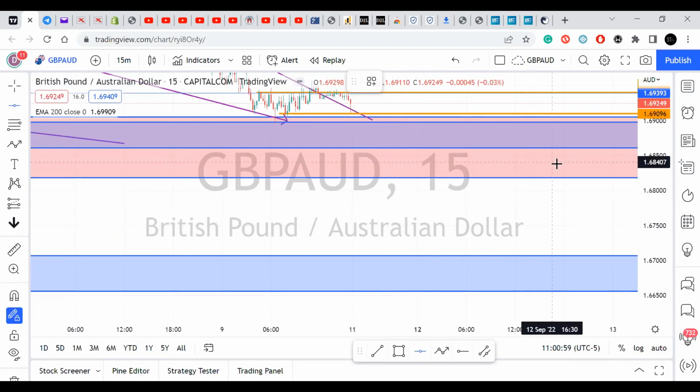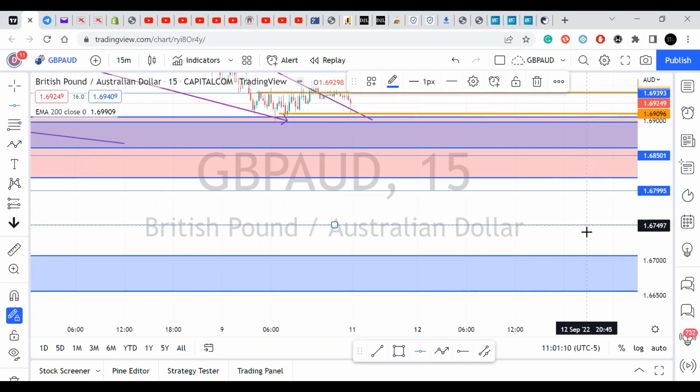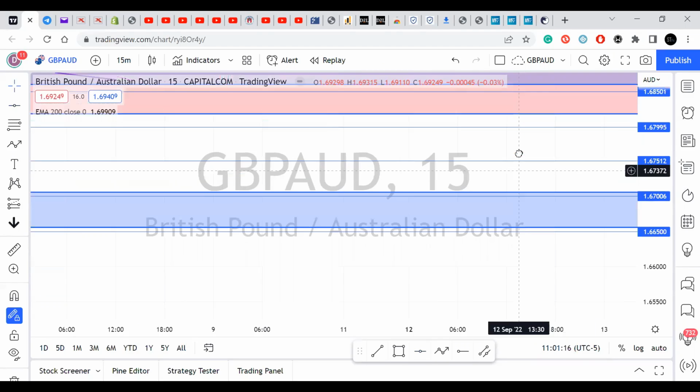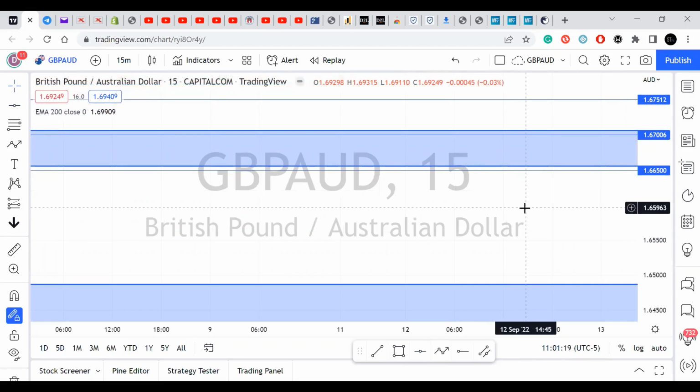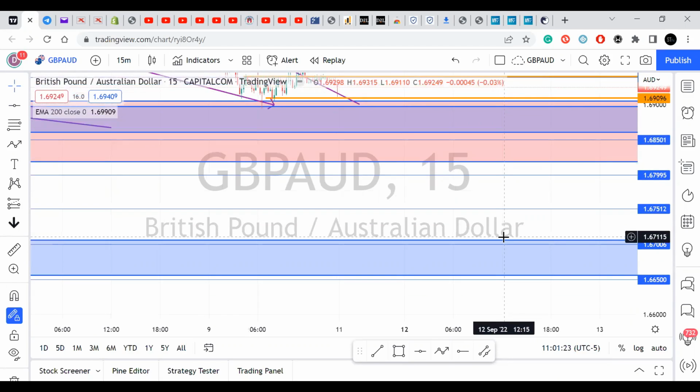So the next TPs I'll be looking at is here, this 18,500, 50 pips per part. So the next one will be this one. Oh, this is supposed to be in red color. I mean, you guys understand the concept, right?